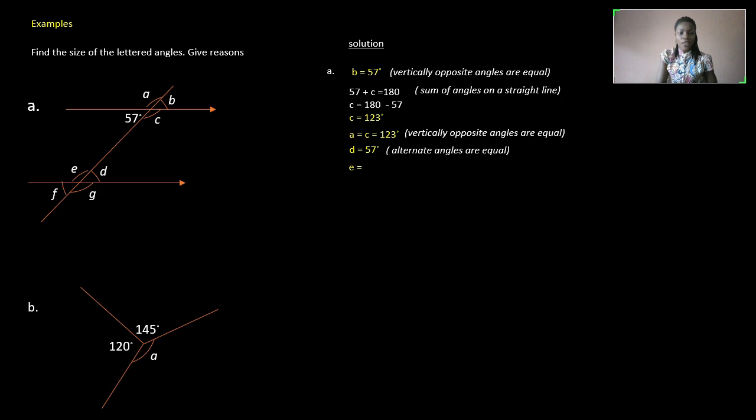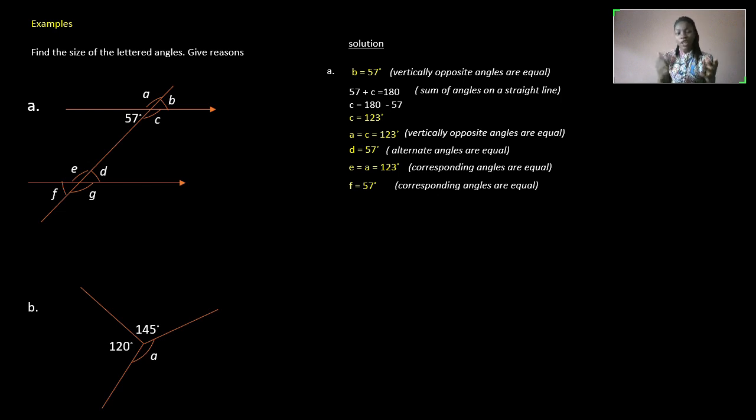So the next one is our E. If you watch, our E is equal to A. Reason, corresponding angles are equal. Okay? The next one we have is our angle F. Our F is equal to 57.